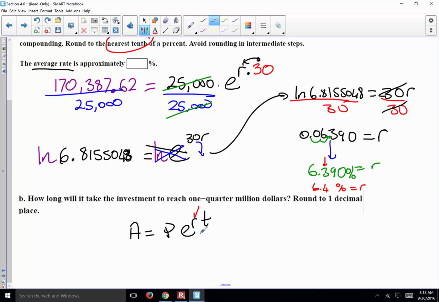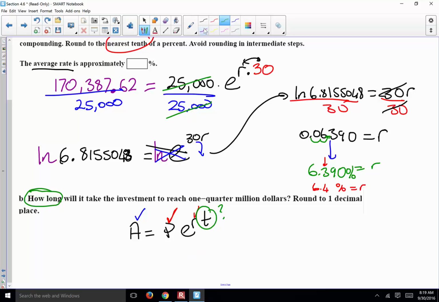We computed the rate. We already know how much the initial money is, 25,000, and we already know the target. The target is going to be $250,000. What we don't know is, as it's clear from the title, how long? So this is the question mark.